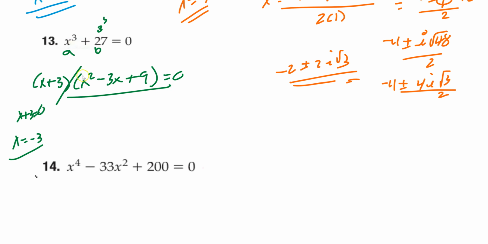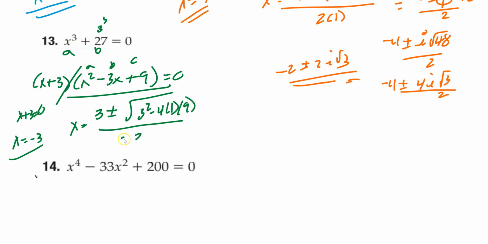This part, either quadratic formula or complete the square. And this one right here would be quadratic formula because completing the square is ugly on this one, since the middle term is not even. So you get 3 squared minus 4 times 1 times 9, all over 2a, so 2 times 1, my mistake. You get 3 plus or minus the square root of 9 minus 36. 9 minus 36 is what, negative 27?